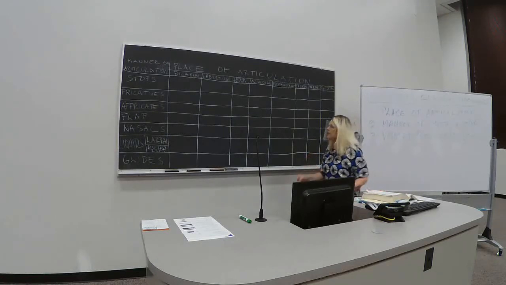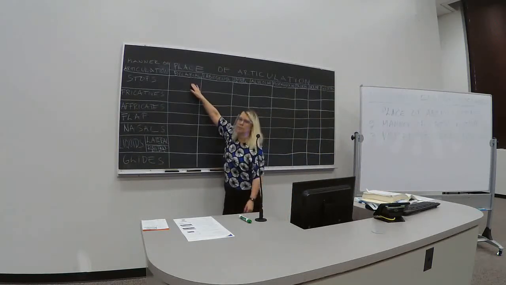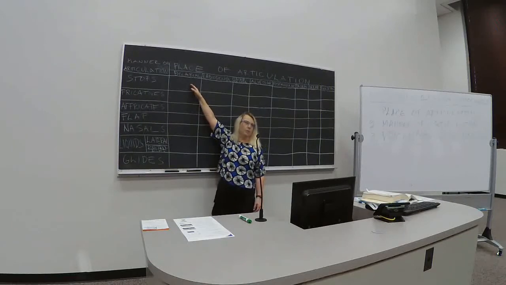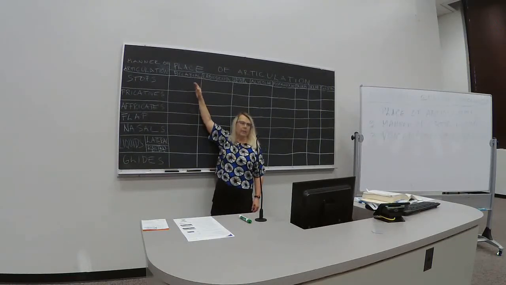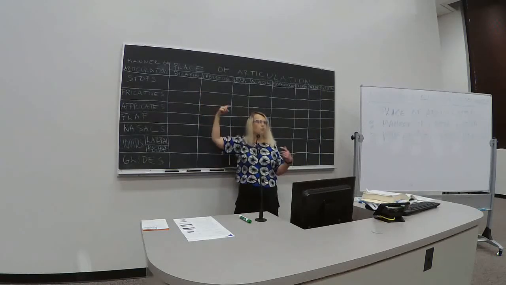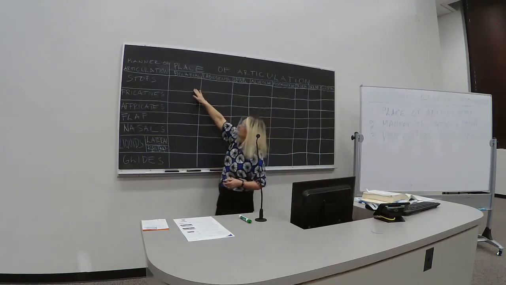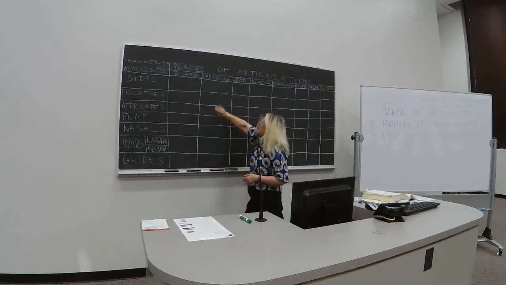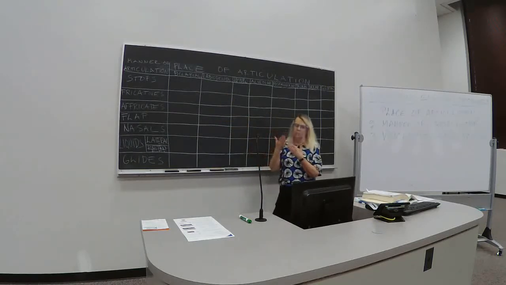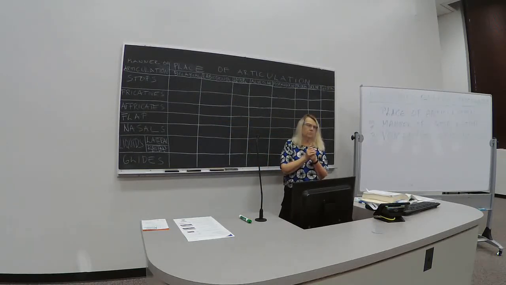So here we have the places of articulation. Starting from the front of the mouth, we have the place which is called the bilabial place. Bilabial means two lips. So labial, lips, bilabial. And that is one place of articulation, right?